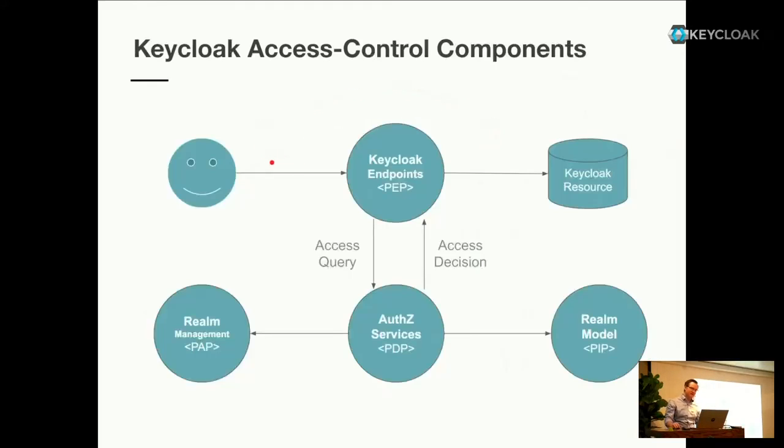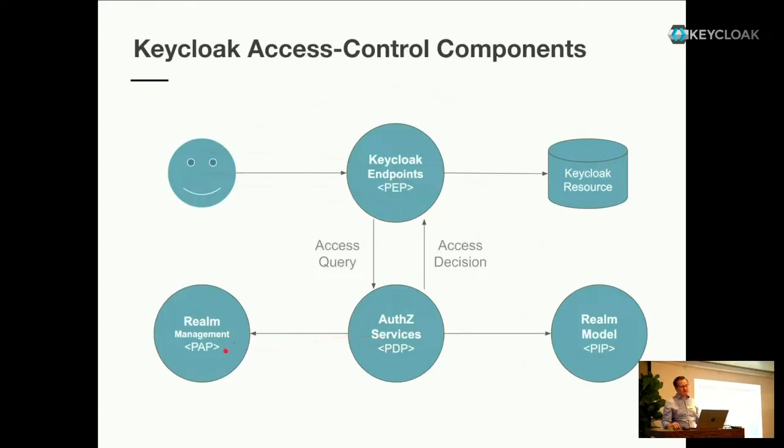Here is the simplified diagram. A user wants to access a resource through the Keycloak admin endpoints, for instance. Especially if you use the fine-grained permissions, the endpoints effectively serve as the PEP, the policy enforcement point. That's where it's checked and enforced. The access query is then performed against the authorization services, which act as the PDP in Keycloak.